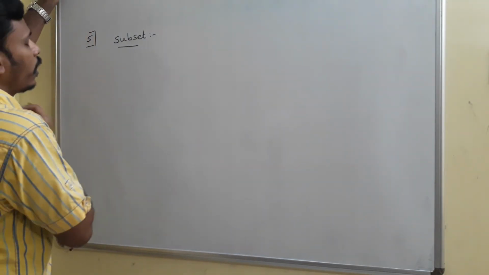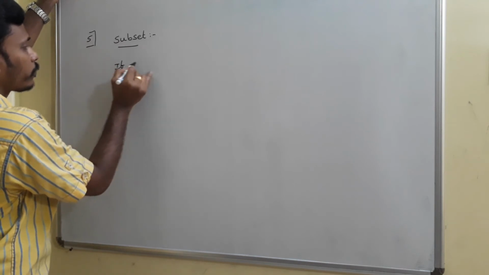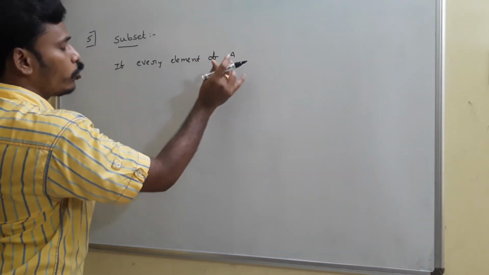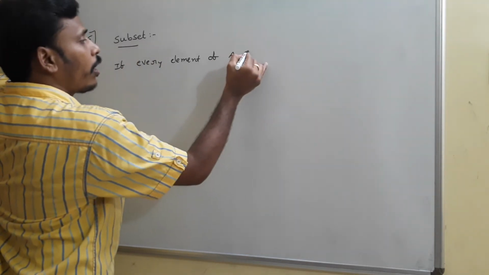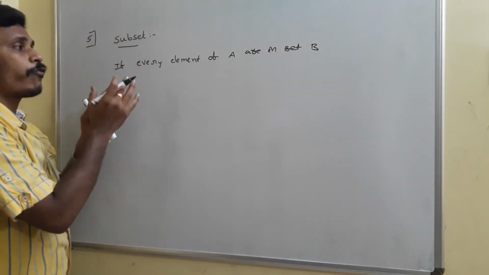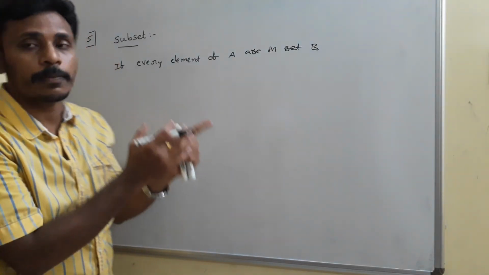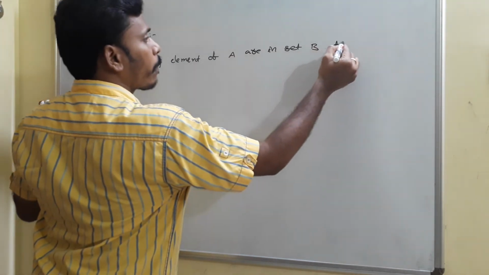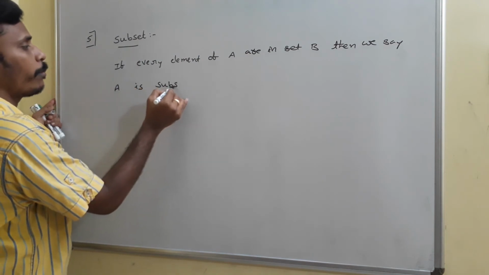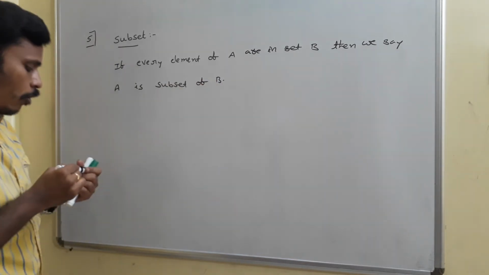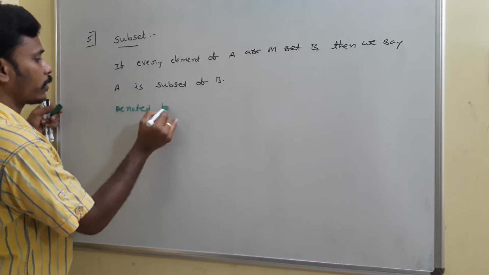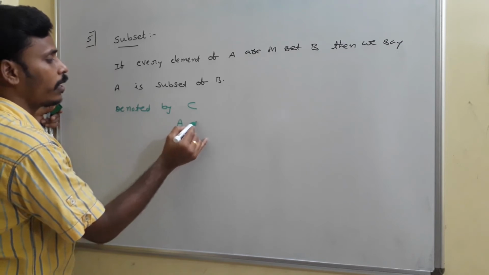For the definition I am using the same notations, A and B. If every element of A, you just treat it as the first set, is in set B, take B as the second set, then we say that A is a subset of B, and we usually denote it by this particular symbol, A subset of B.